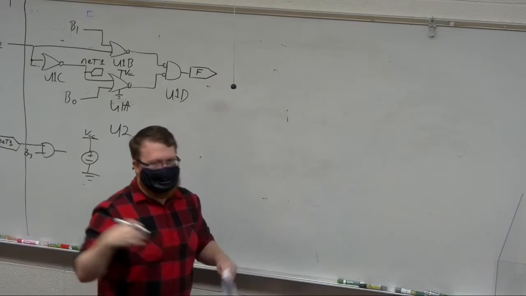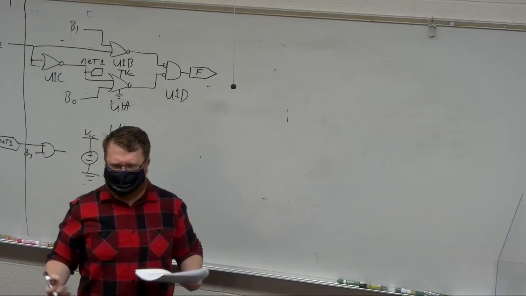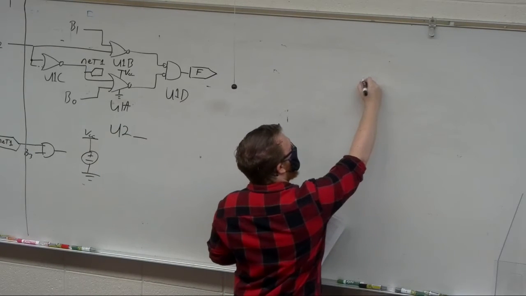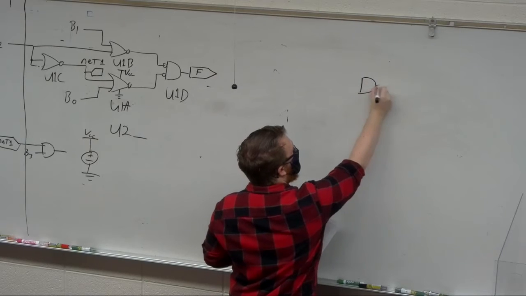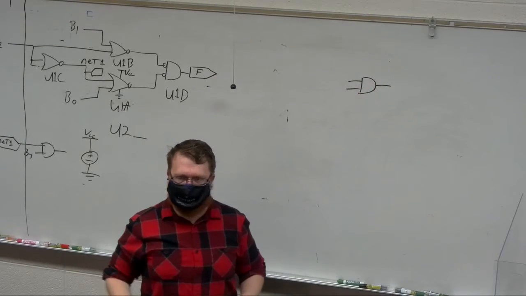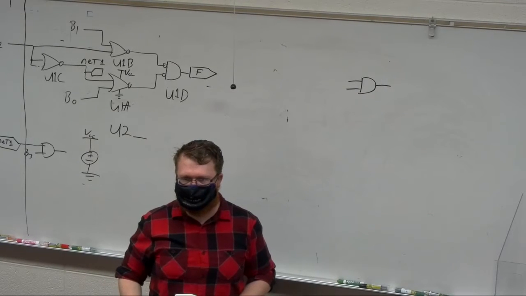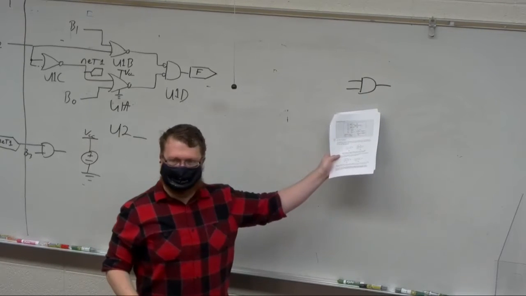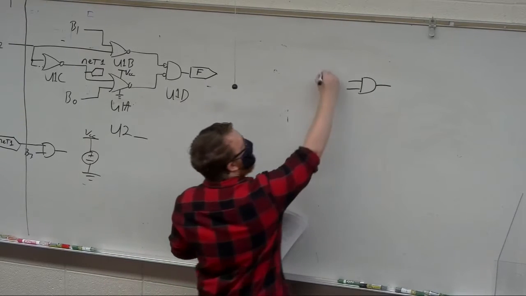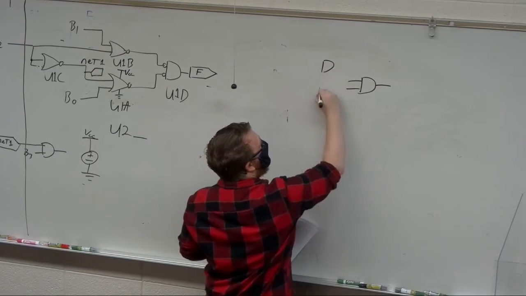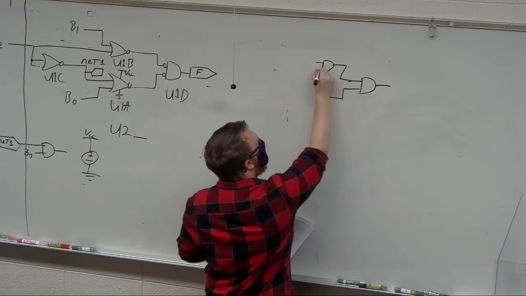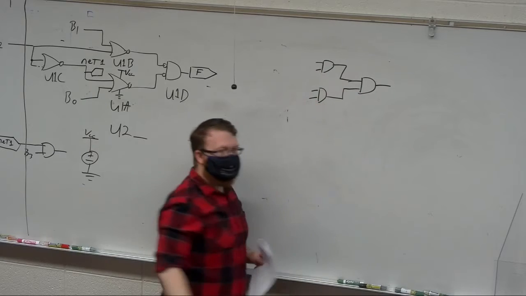Okay, something to be aware of. We've covered it a little bit, but I want to call it out explicitly. If I'm limited to 2 input AND gates, how do I make a 4 input AND gate from just 2 input AND gates? Right?